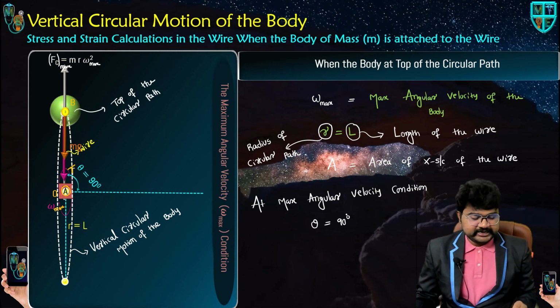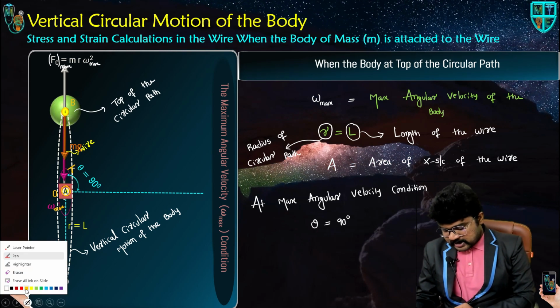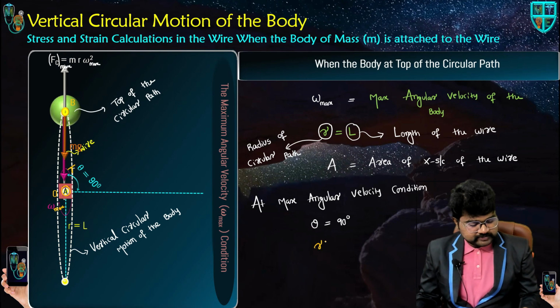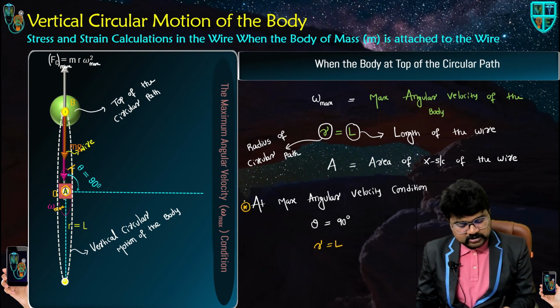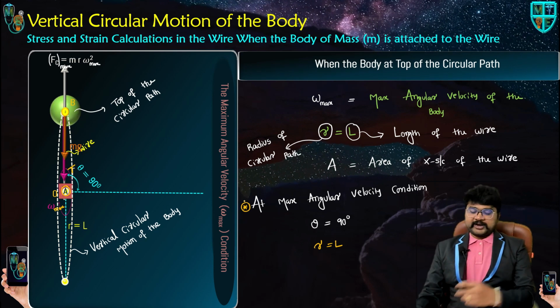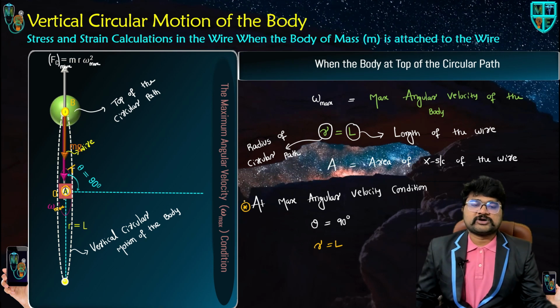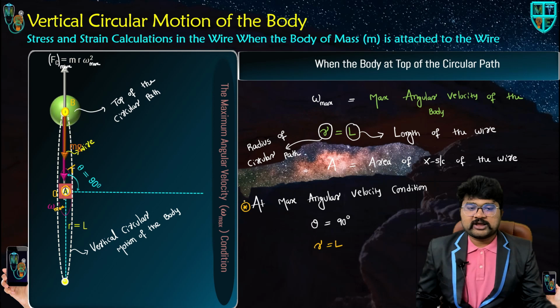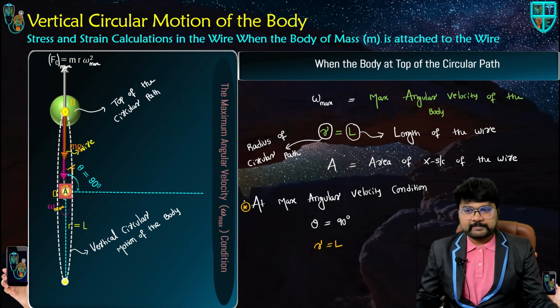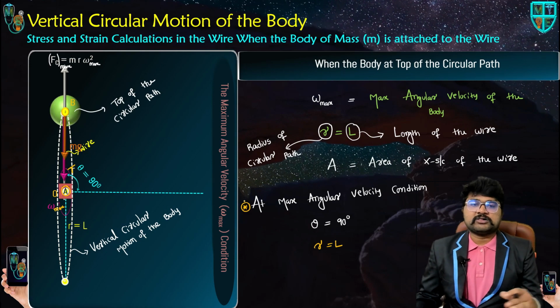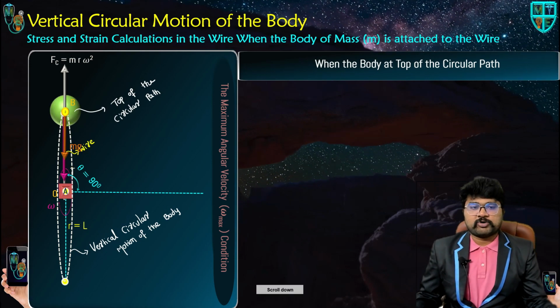With r equal to L, the radius of the circular path becomes equal to the length of the wire, and theta is 90 degrees when the body is at the top of the circular path. We represented all the forces acting on the body.